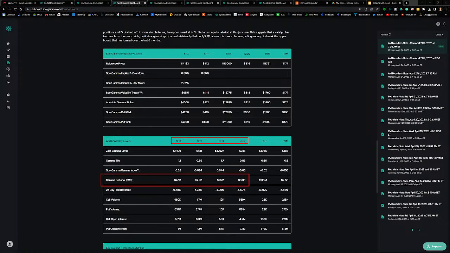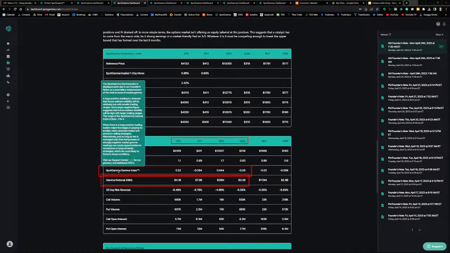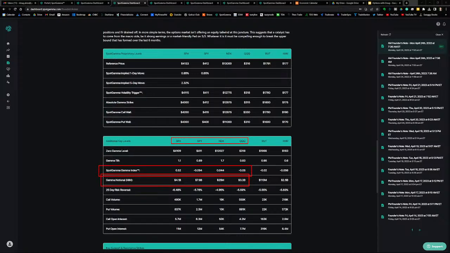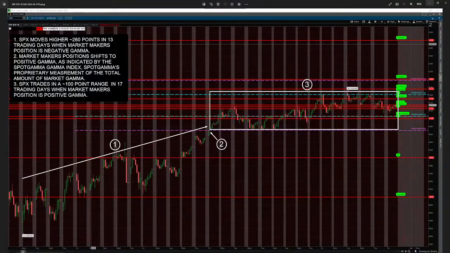And one other thing I want to point out is this SpotGamma index. You can read this pop up, and it's a proprietary measurement of the total amount of market gamma. The reason I'm pointing this out is I posted a chart in Discord, and I'll show it here, of the last 30 days for SPX.